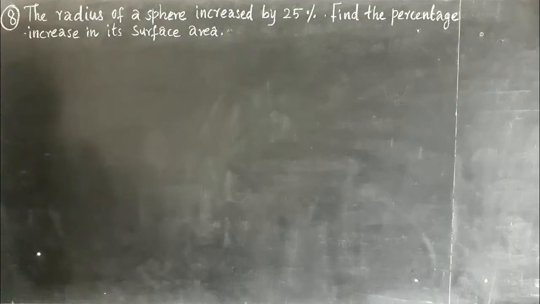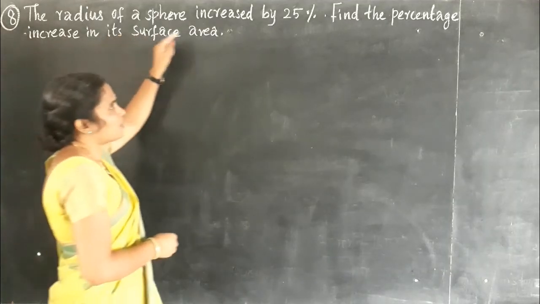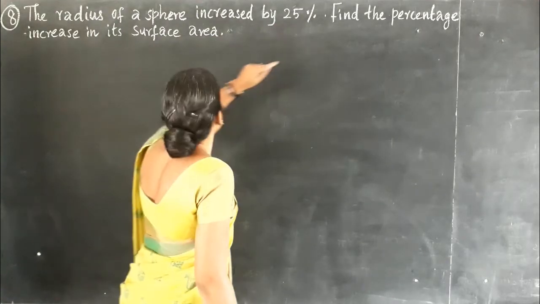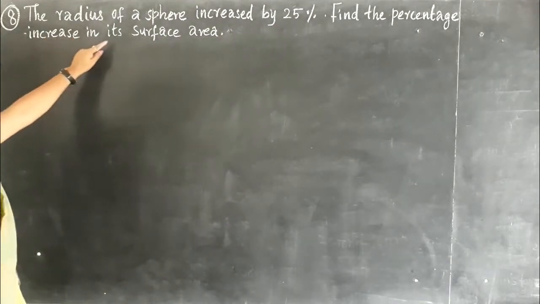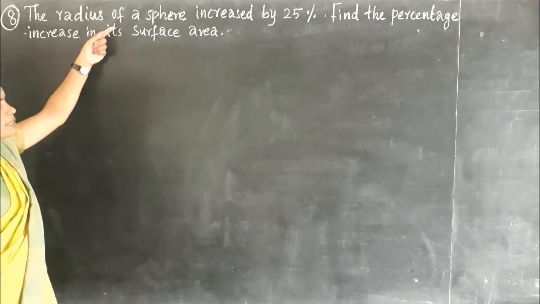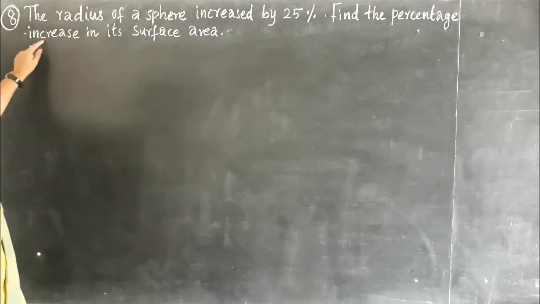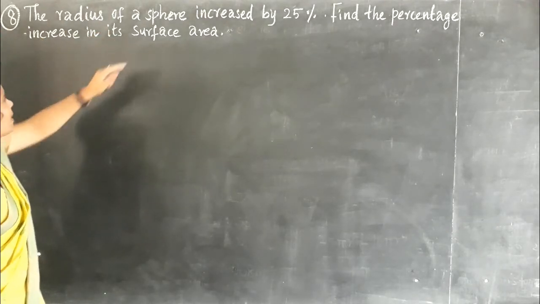Question number 8. The radius of a sphere is increased by 25%. Find the percentage increase in its surface area. When it is increased by 25%, you have to find the percentage increase in its surface area.